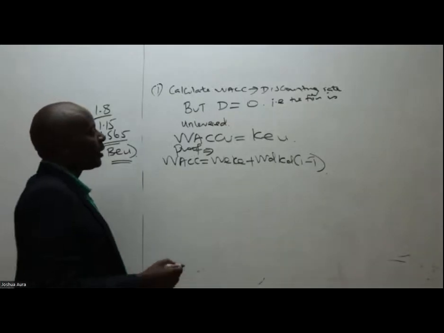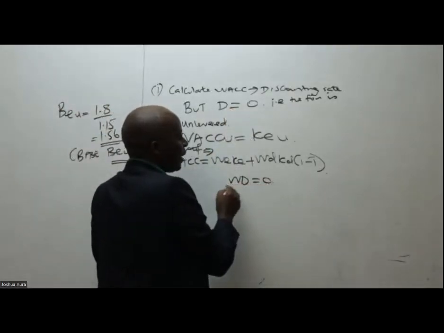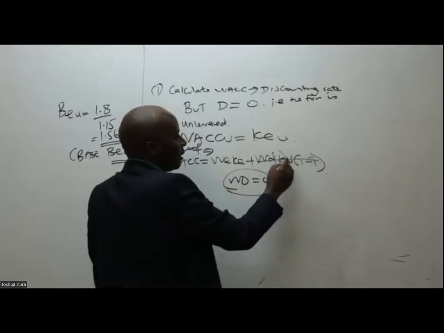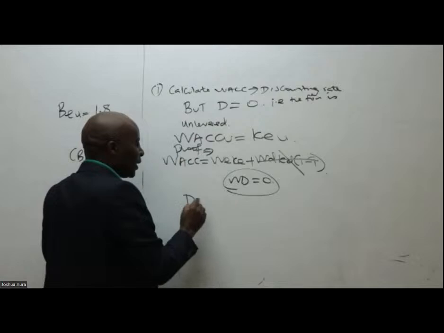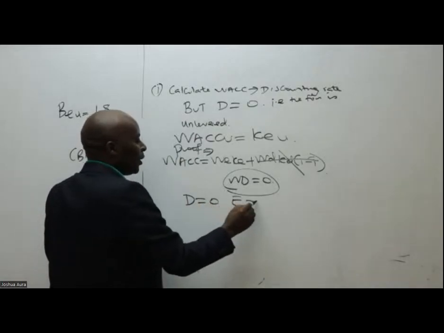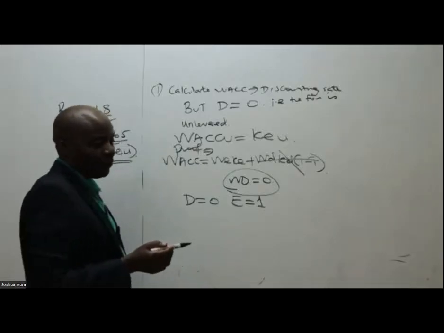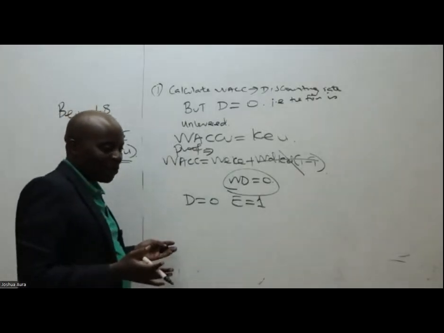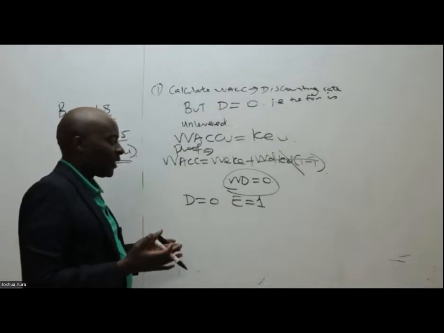So remember that if debt is 0, then automatically weight of debt will be 0. And if weight of debt is 0, this kills everything there. And then the other thing you're supposed to know is that if debt is 0, then weight of equity automatically will be 1, because the two must always add up to 100%.